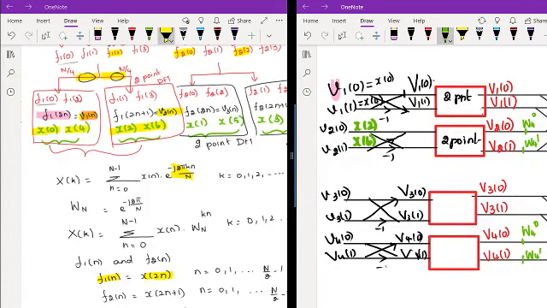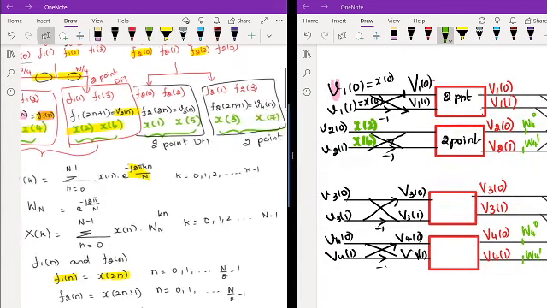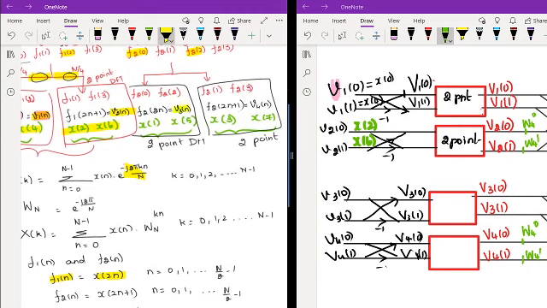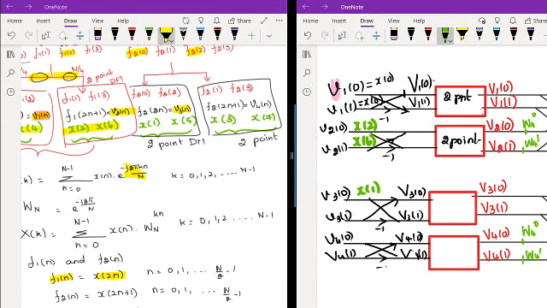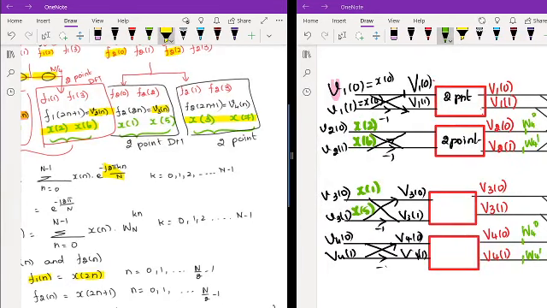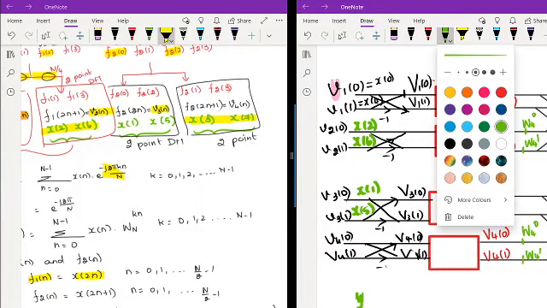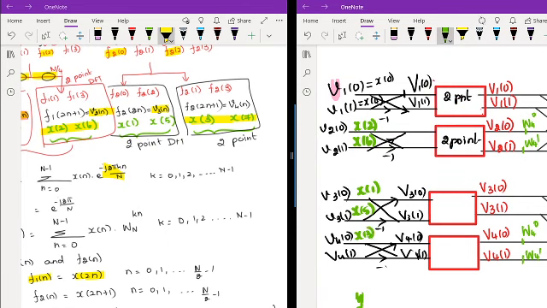The same way, the next one, V3 of n, is x of 1 and x of 5. Similarly, the last values are x of 3 and x of 7.